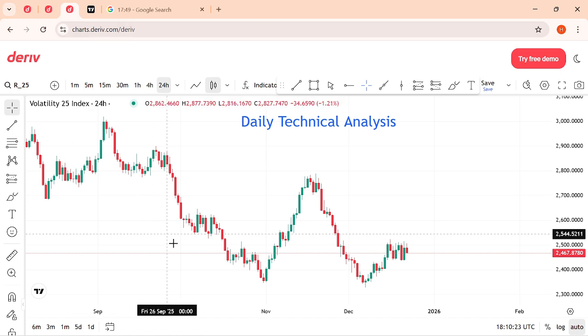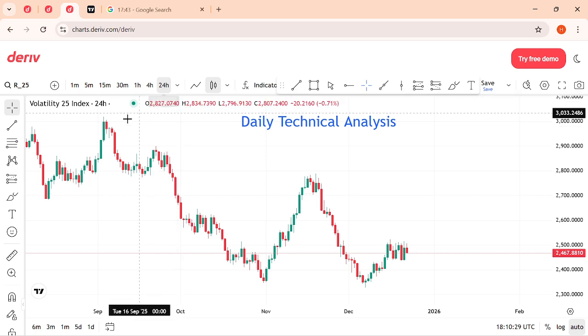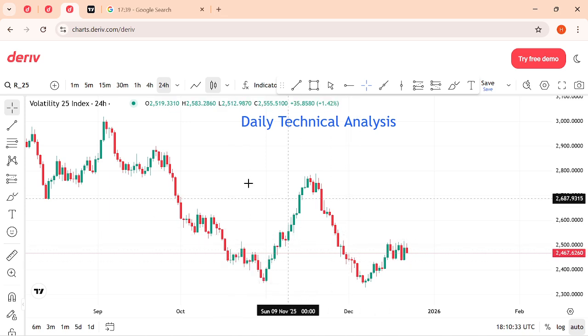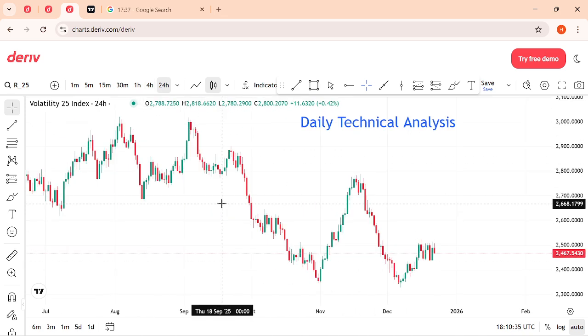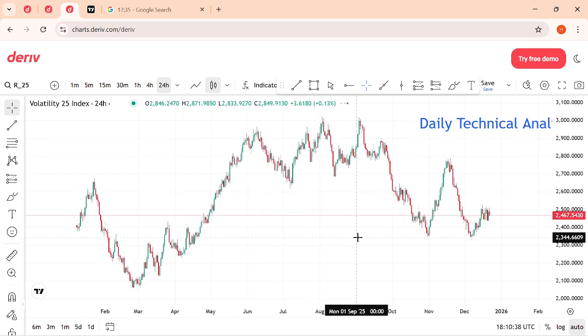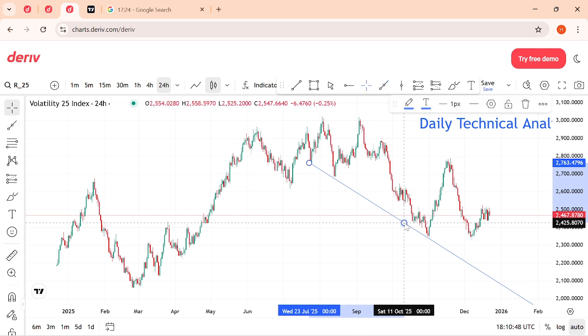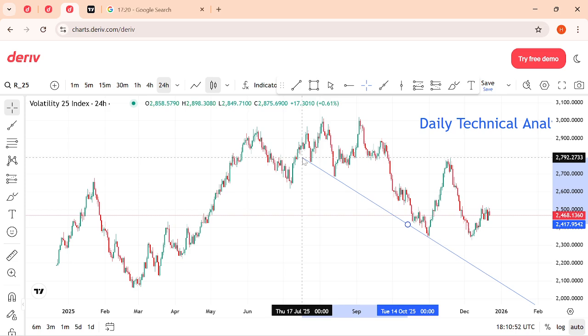Okay, so basically we are going to be analyzing the Volatility 25 index pair. On this time frame we can clearly see that the market currently is on a downtrend, connecting it from this point to this point, which is fine.